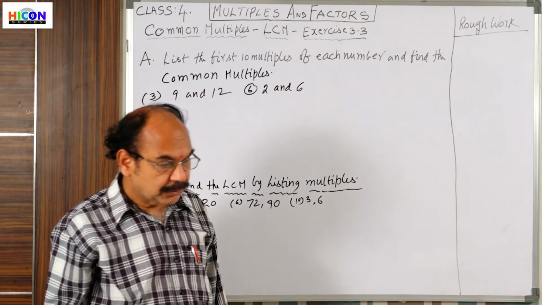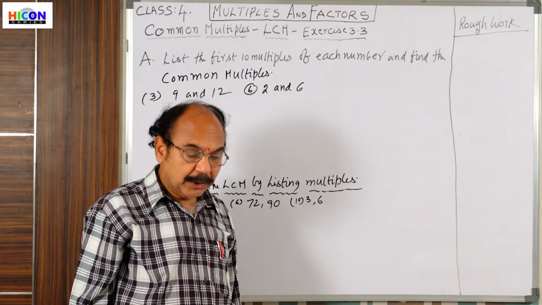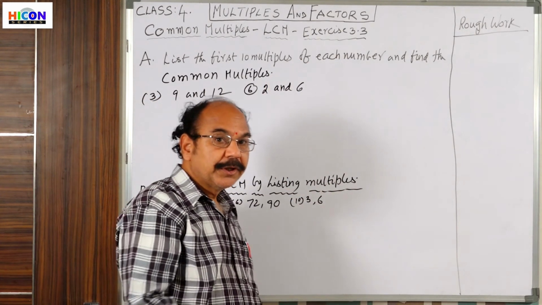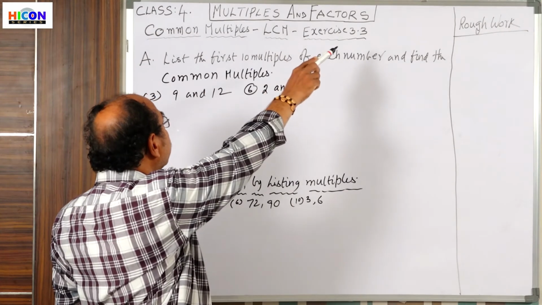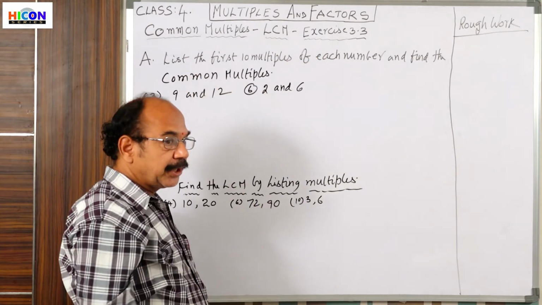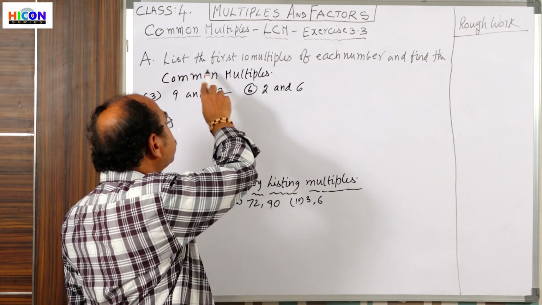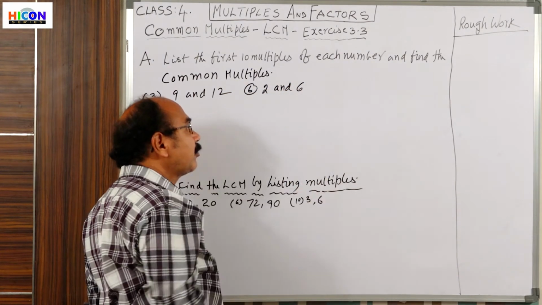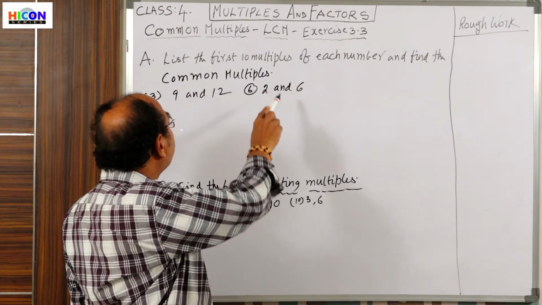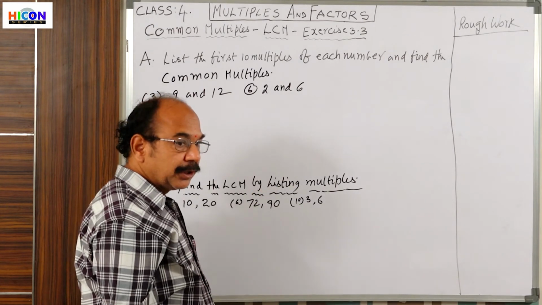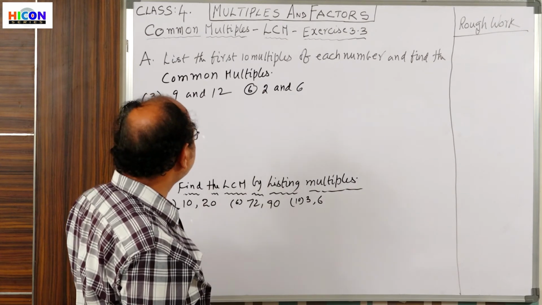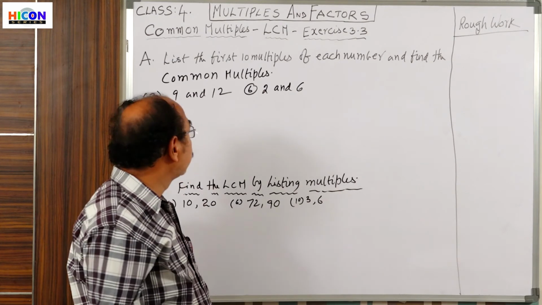So, come to this exercise 3.3. In exercise 3.3, under section A, what is given here? List the first 10 multiples of each number and find the common multiples. So, first 10 multiples we write.